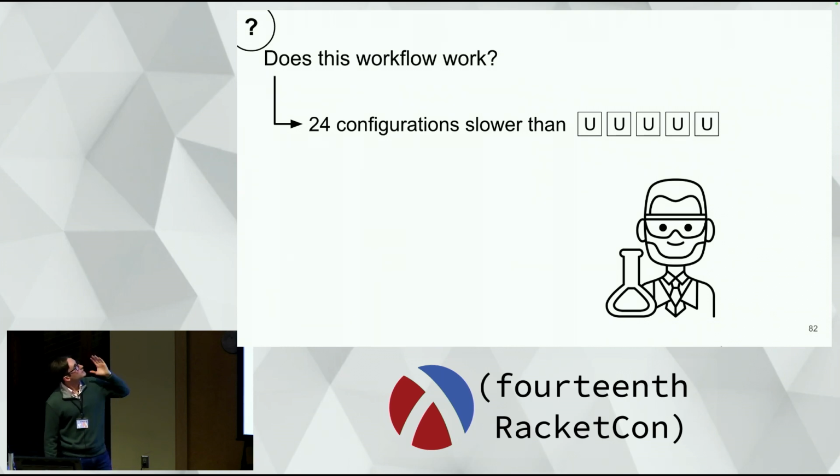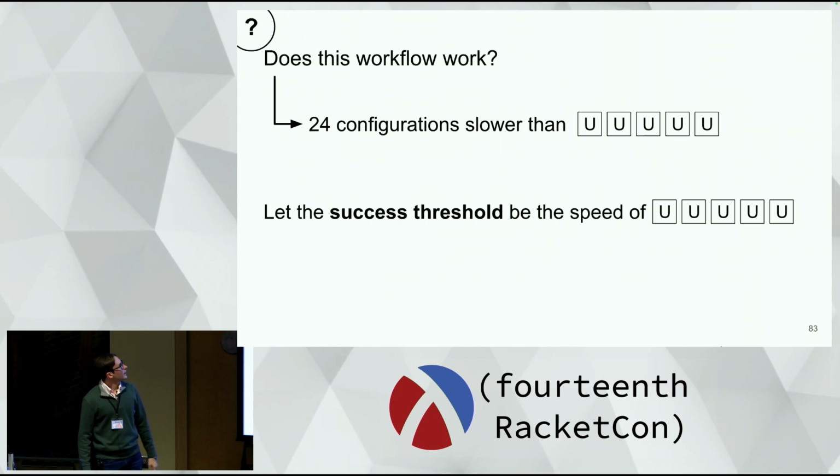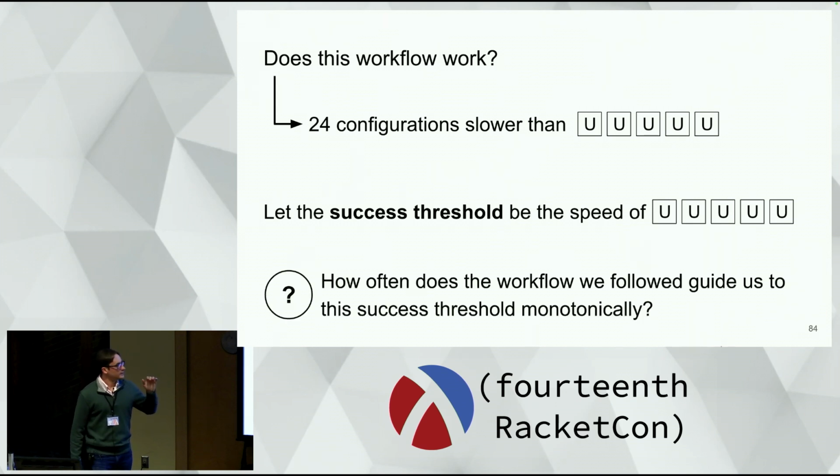So I want to ask this question: does this workflow work on these 24 configurations? To do that, I'm going to define this term success threshold to be the speed of the untyped program. More precisely, the question I'm going to ask is how often does the workflow we followed guide us to this success threshold monotonically?